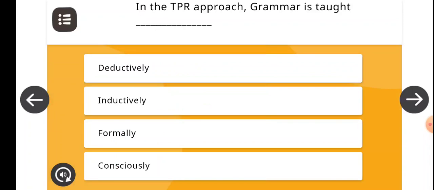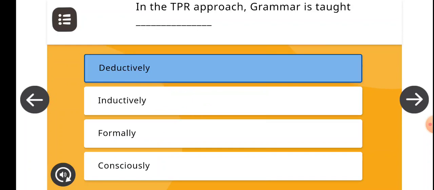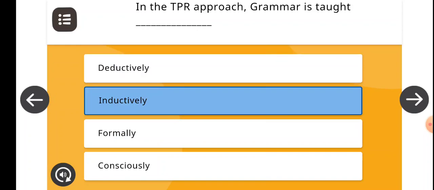Next, in the TPR approach, grammar is taught. While following the TPR approach and dealing with grammar, how should grammar be taught? Deductively, meaning grammar taught separately, or inductively, or inclusively, or formally, concisely?